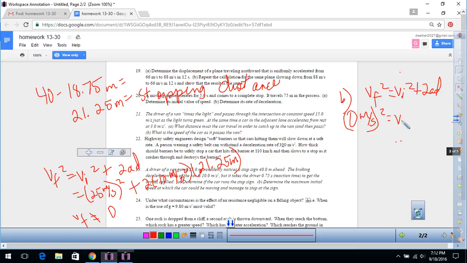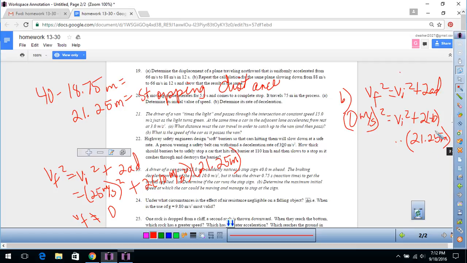That's my VI that I'm looking for. You know your A is your -10. And you know he has 21.25 meters to stop in. So you should be able to figure it out like that. Okay? So hopefully that will help you get through that one.